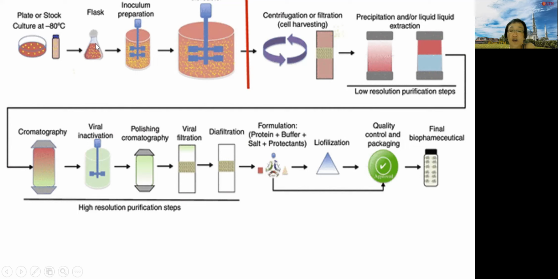Once there are colonies growing on the gel, then only it will be inoculated into the flask. Then it will be the inoculum preparation for the real fermentation. This is typically around 200 liter. If large, it will be 1000 liter for very large scale productions.